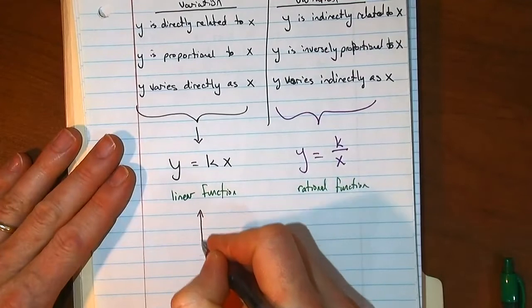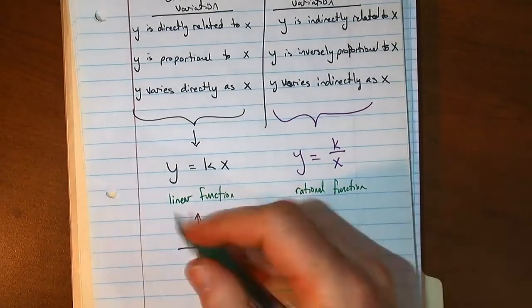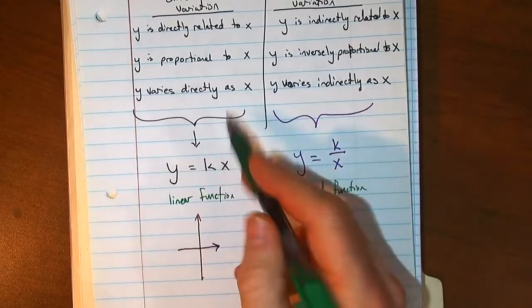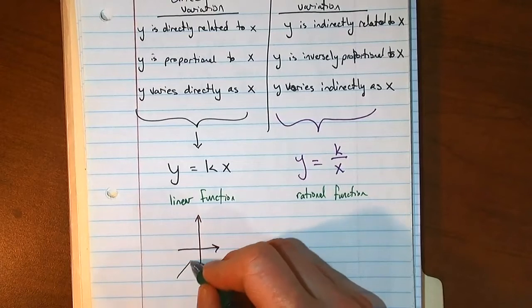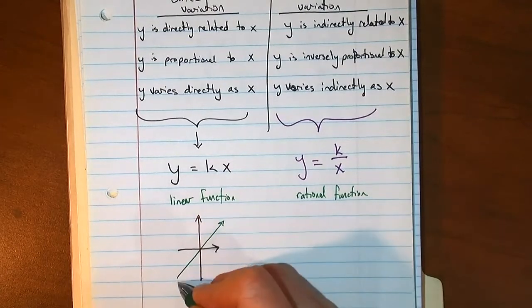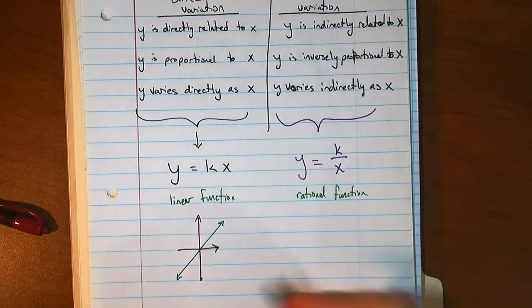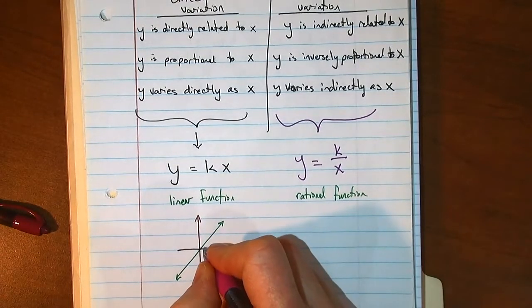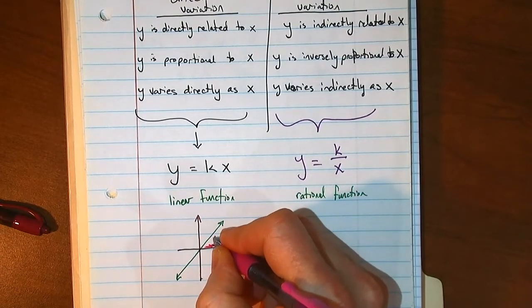If I have a linear function, we know, because we've worked with linear functions often enough, that it's going to be a straight line. And we talked about in this case, because b is equal to 0, my straight line will go right through the origin. So notice what happens in a direct variation problem. If my x number gets bigger, my y number also gets bigger.